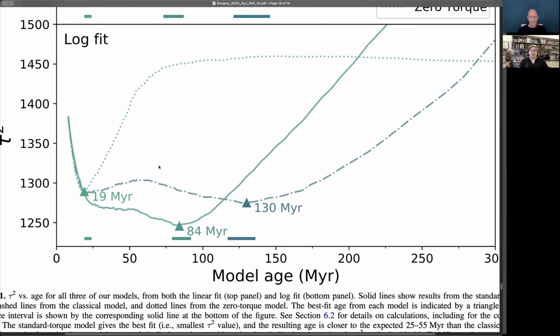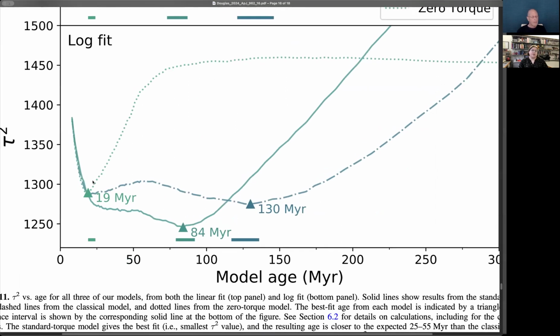So all the way on the left at the youngest ages, the tau squared fit is improving for all of the models together until we get to 19 million years. And so that suggests that up till 19 or 20 million years, the most dominant thing affecting rotation evolution is just that contraction dominated spin up.